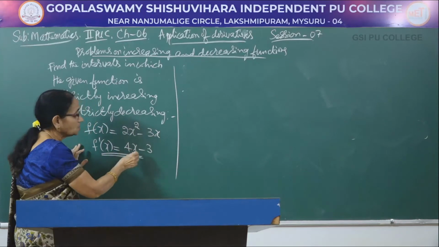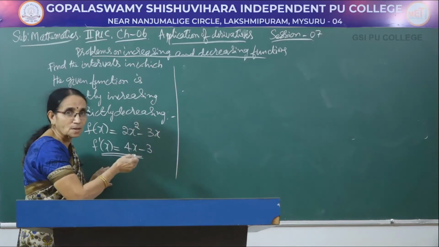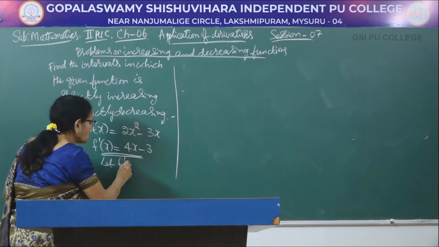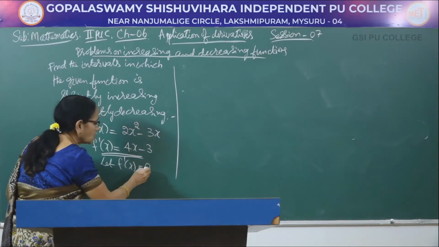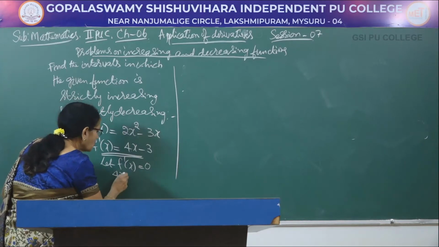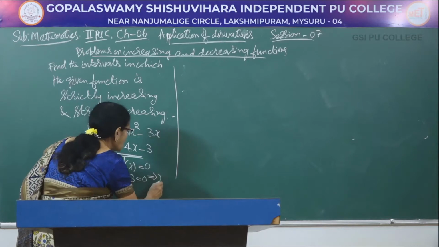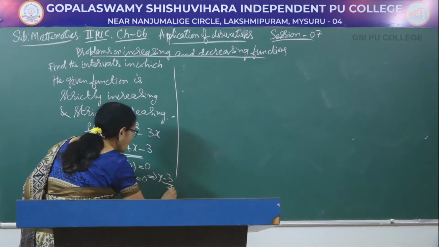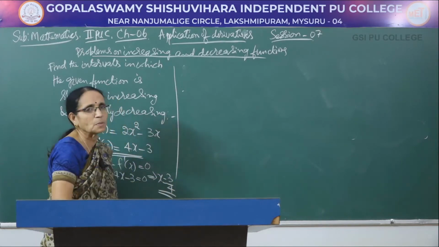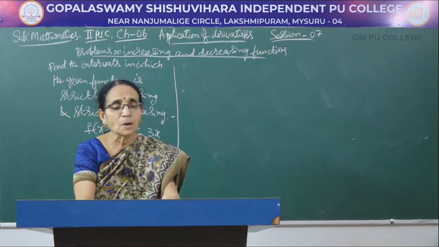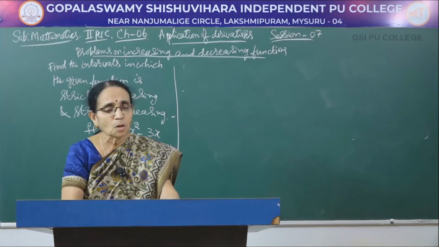Remember, this is required to verify whether it is increasing or decreasing. Now, let me equate the first derivative to 0. That is 4x minus 3 equal to 0 implies x is equal to 3 by 4. So, this is the point where the number line can be divided into two parts.